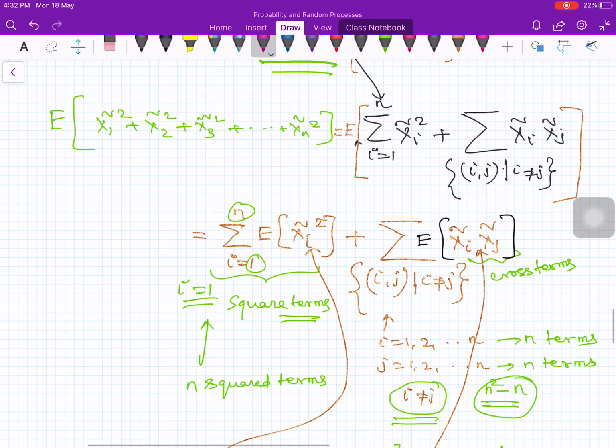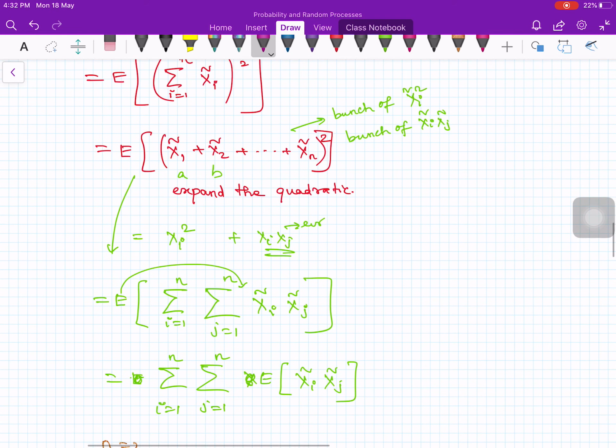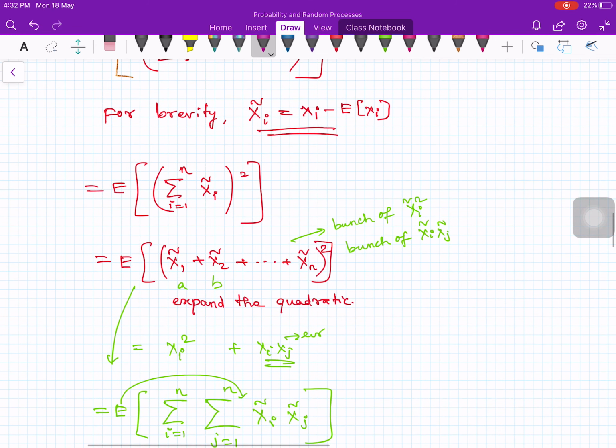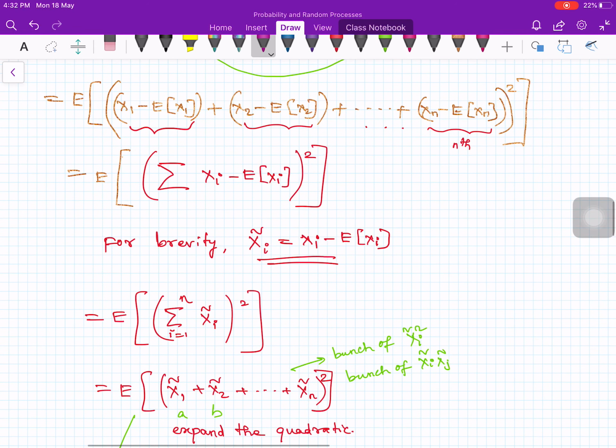See here, I introduced x tilde equal to xi minus E of xi, and in the final step I reintroduced it back, replaced as shown here, xi minus E of xi, so that your calculation and simplification will be very easy. That is the only reason I introduced that shorthand notation.